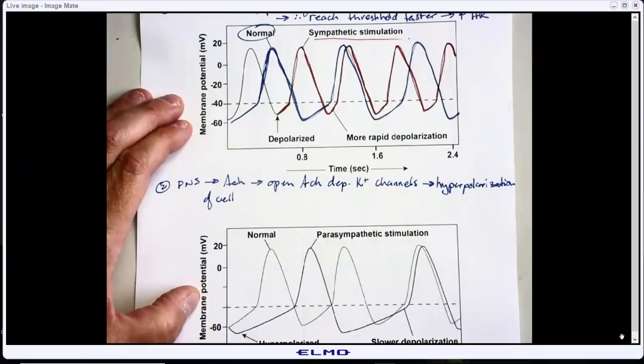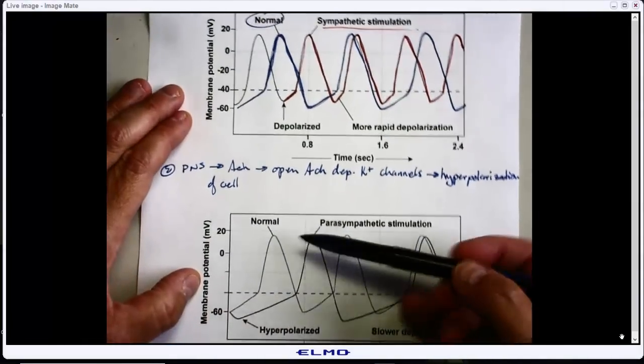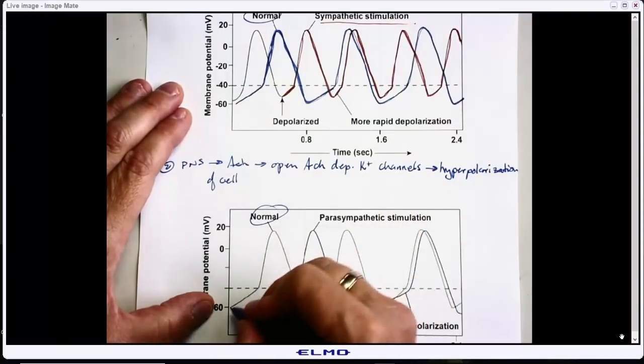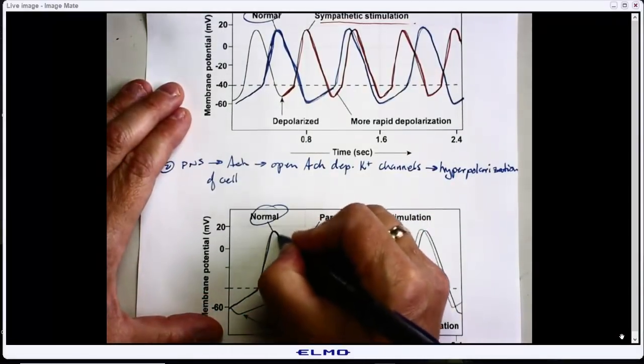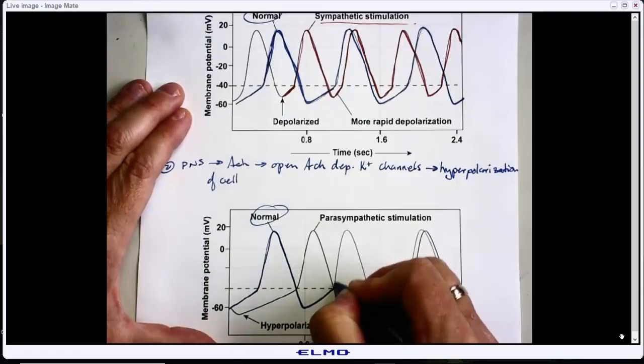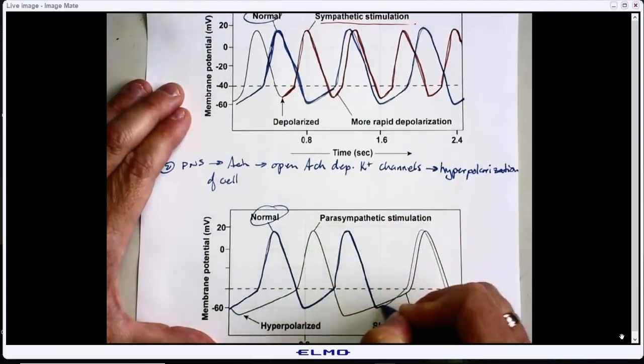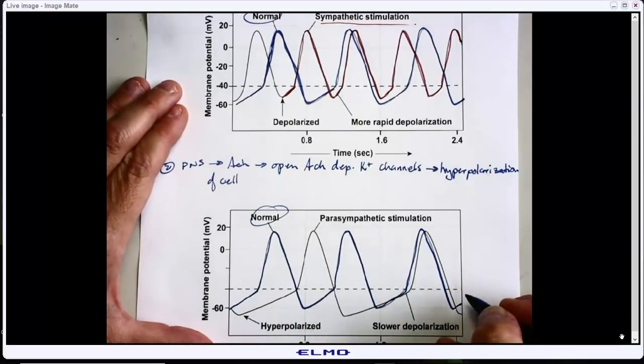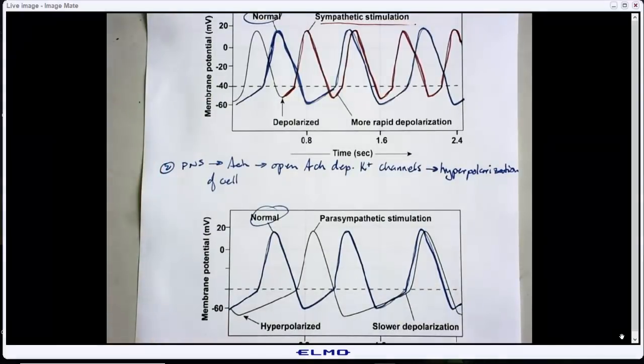Okay. So now, essentially, let's plot normal on here again. This is our normal action potential, leak rate, which then is going to generate that frequency. And then with parasympathetic nervous system stimulation, we hyperpolarize.